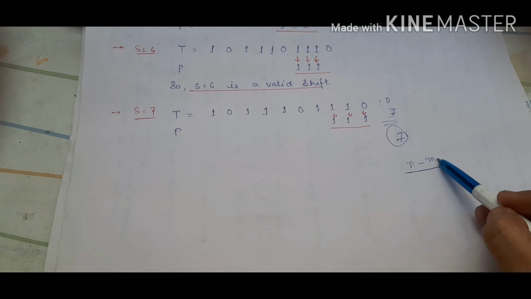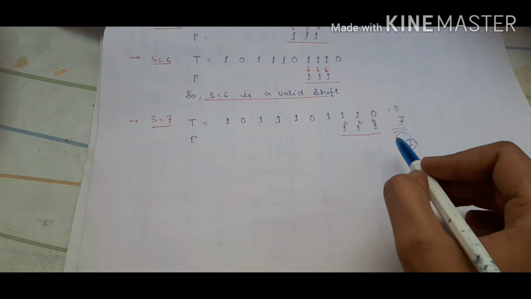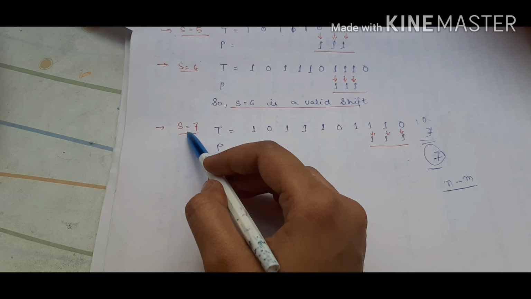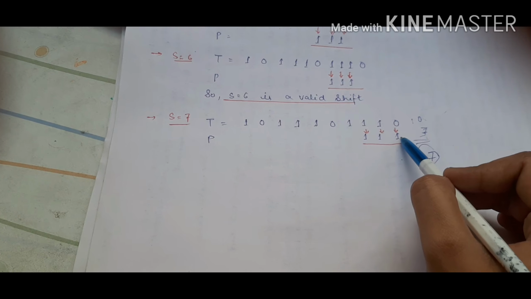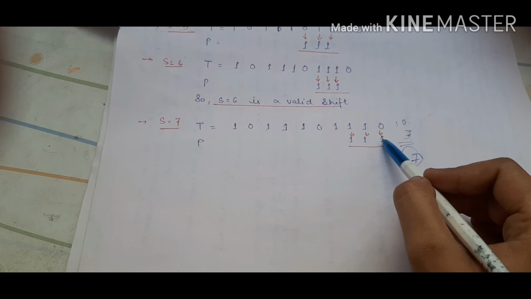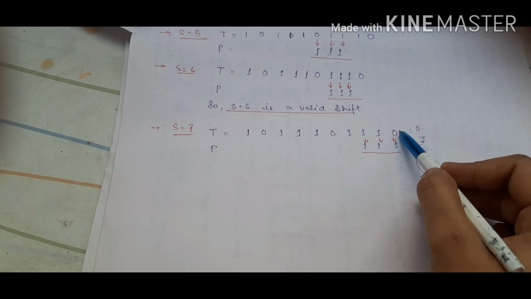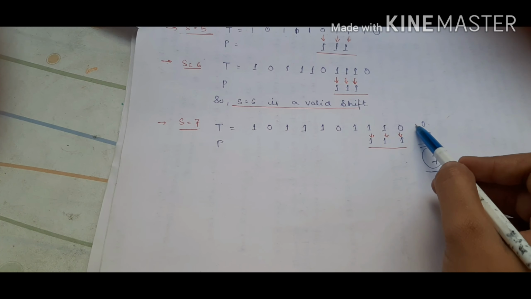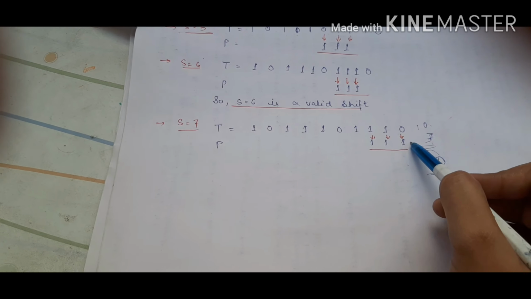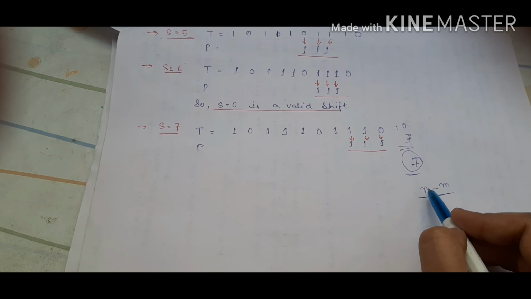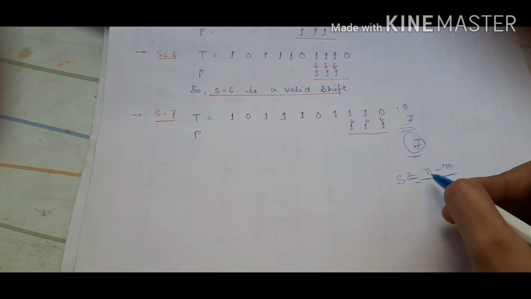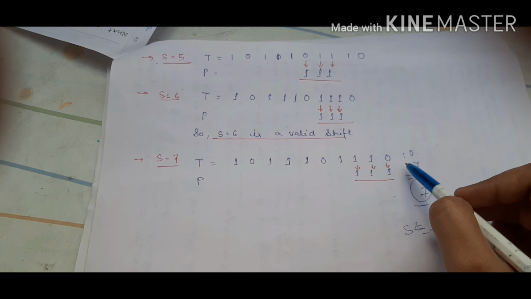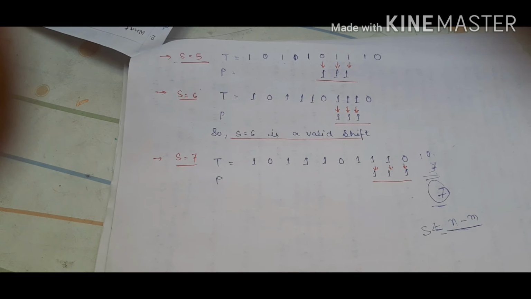So n minus m is 7, meaning we can do only 7 shifts with this pattern, because after the 7th shift there will be no text left to be matched with the pattern. So the maximum value of shift is n minus m, that is, the size of the text minus the size of the pattern.